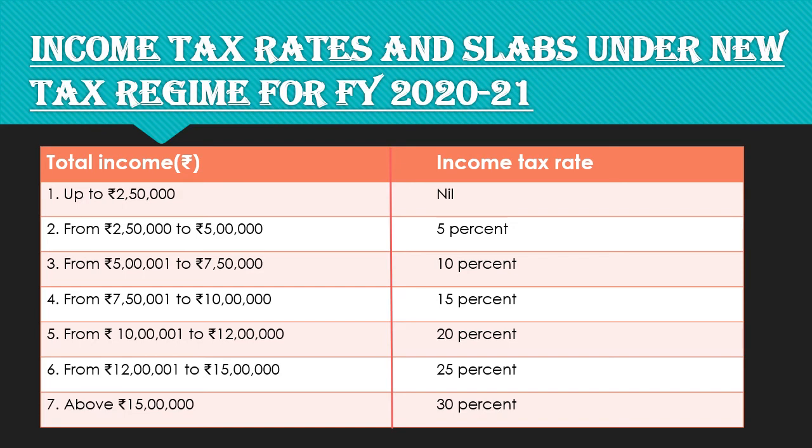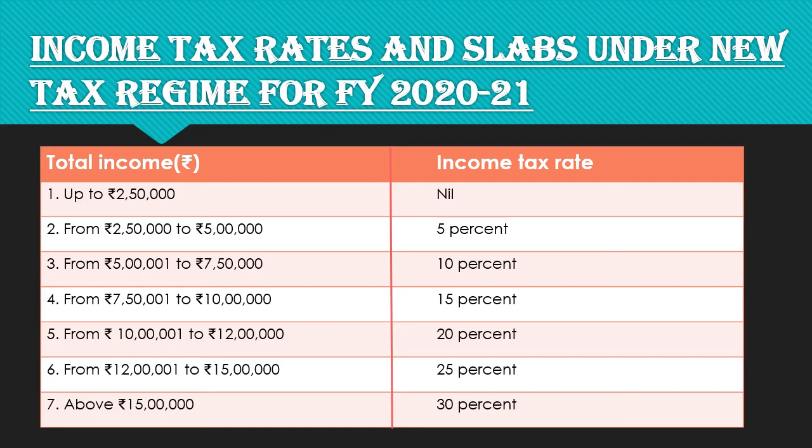So for your knowledge, I have just listed the slabs of tax rate mentioned in the financial year 2020 to 21. I mean, if the person's income is up to 2,50,000, you don't have any need to pay any tax to the government. The tax rate is nil.